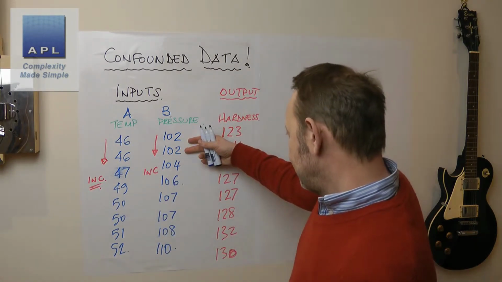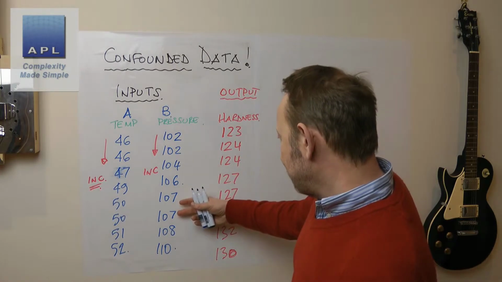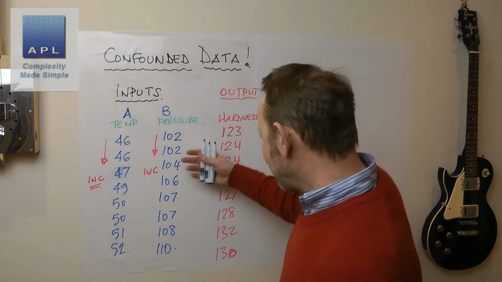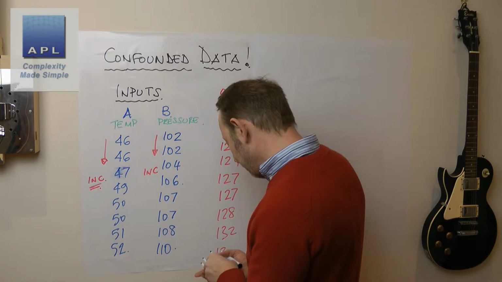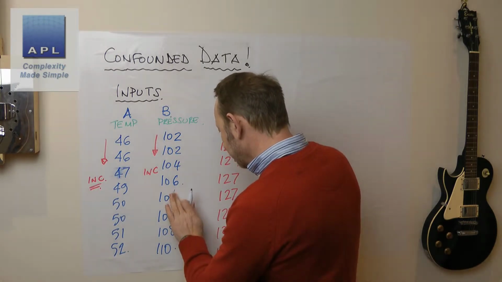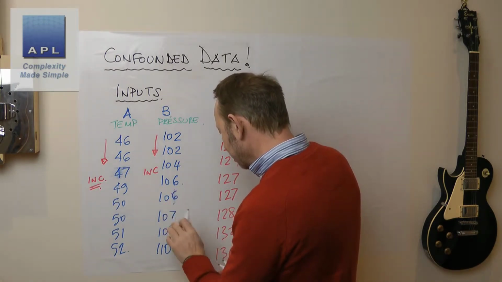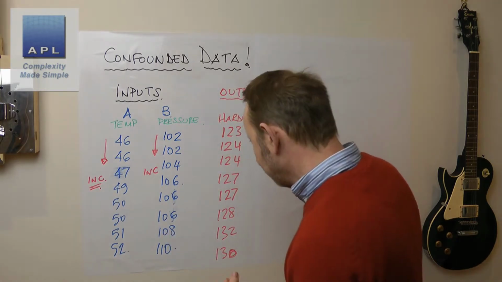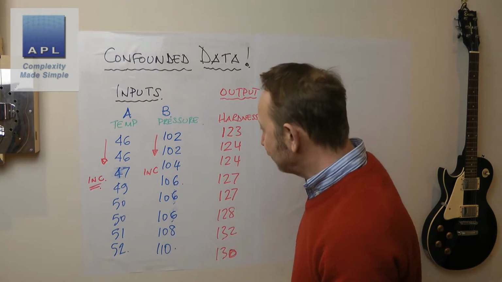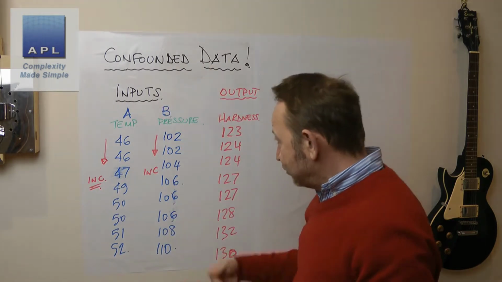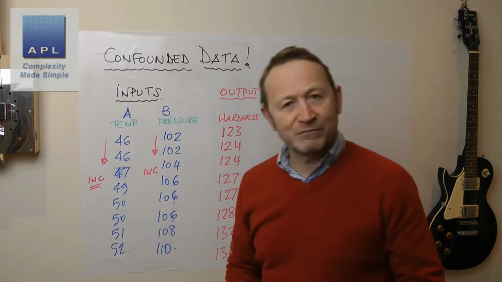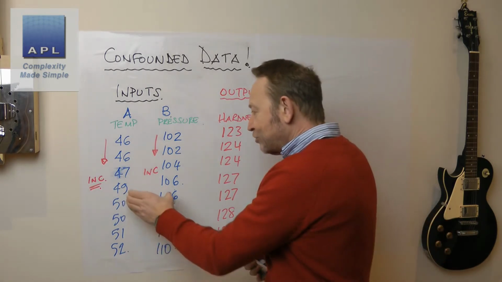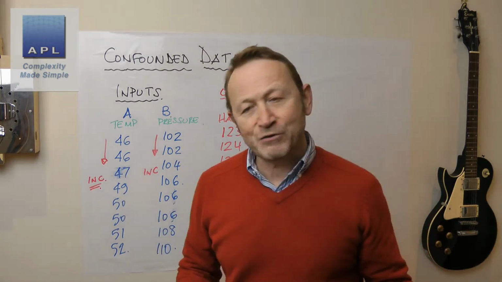Let me use a slightly different pattern. Maybe I'll change a few of these just to make them slightly different, to show you that they are different values. But that column is increasing as that column is increasing. These two columns are now confounded.